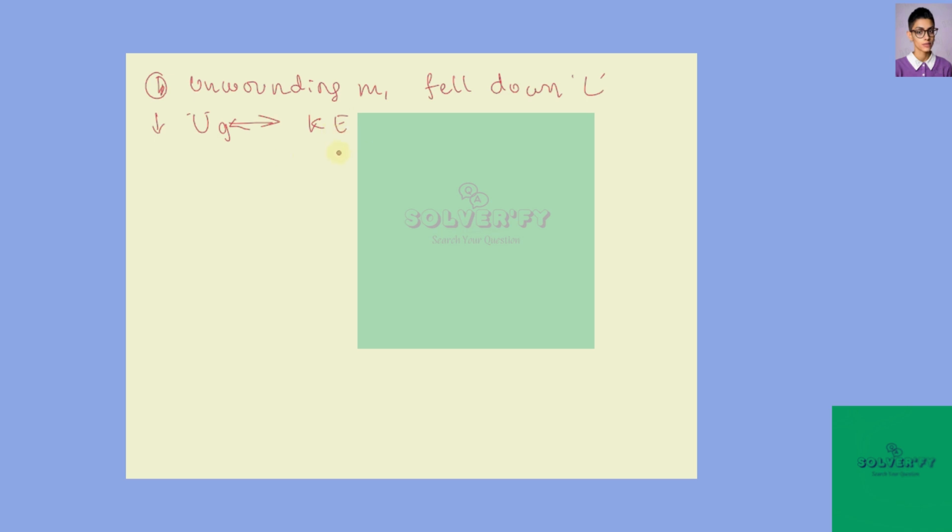V is the velocity and omega is the angular velocity of the pulley, so V is equal to R into omega. The change in potential energy, m1 into g L, corresponds to mass 1 falling a length L. It gets converted to half I omega square, which is the rotational kinetic energy of the pulley, plus the translational kinetic energy of the body.